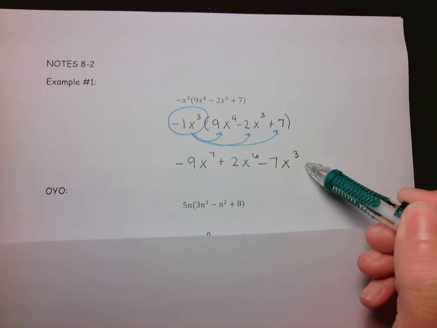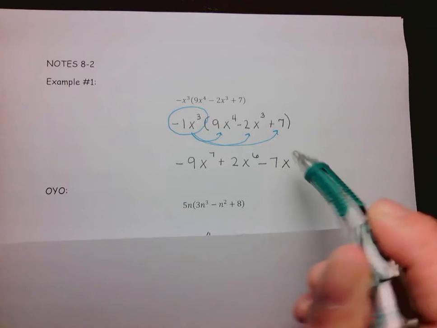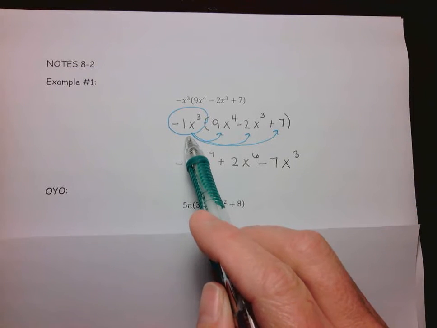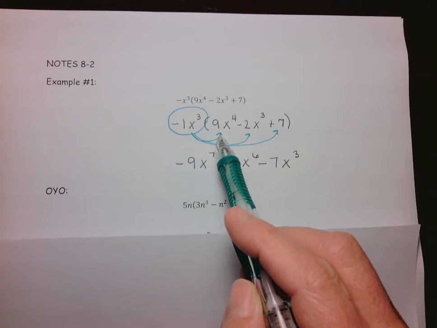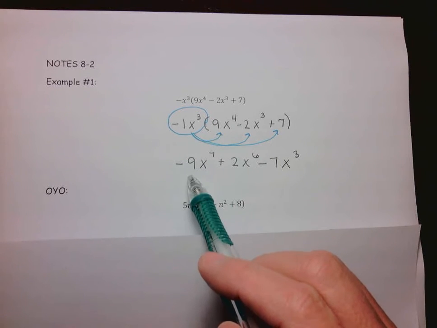So let me show you what I did with the first term. I took negative 1x to the third power and I multiplied it with 9x to the fourth power. So remember, the first thing you do is you multiply the coefficients together. So negative 1 times 9 is negative 9.